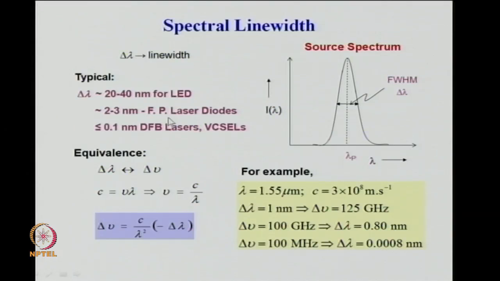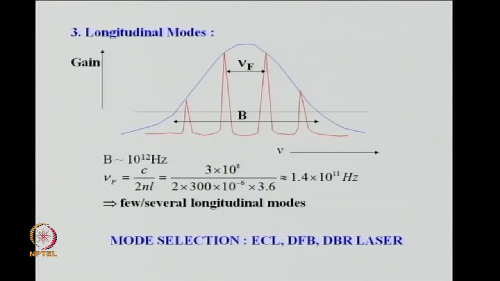Usually the normal Fabry-Perot lasers oscillate in several longitudinal modes. We will see some numbers. They operate in several longitudinal modes, whereas these ones can oscillate only in one single longitudinal mode. In the diagram in this slide, you can see there are 1, 2, 3, 4 oscillating modes within the bandwidth.